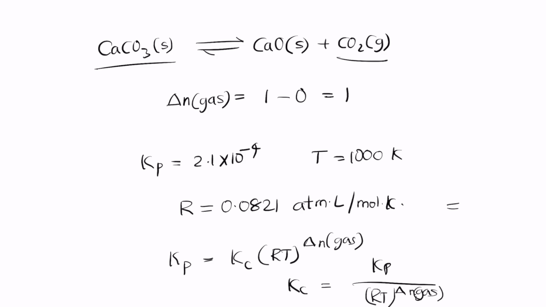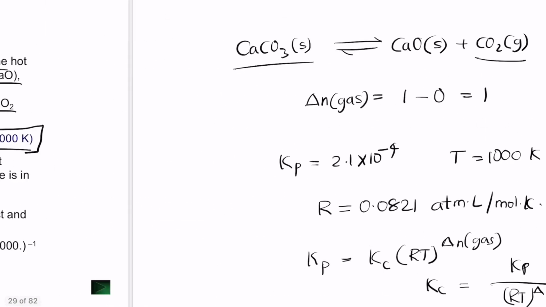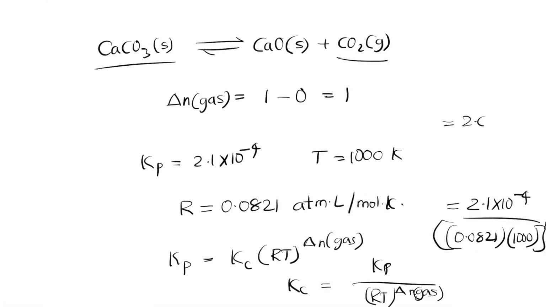The Kp value given here is 2.1 times 10 to the power negative 4 over R, which is 0.0821, times the temperature, 1000, to the power 1. When you calculate this final value, you get 2.6 times 10 to the power negative 6. So this is the value for Kc.